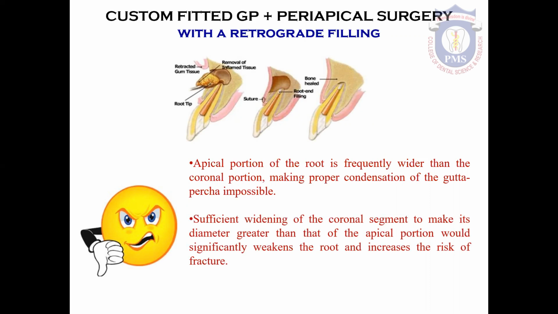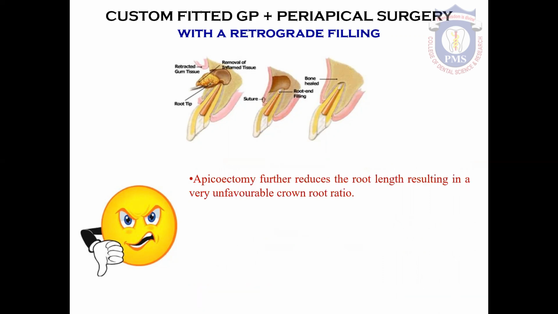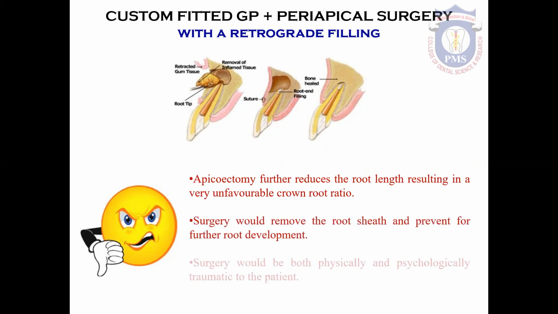One reason is psychological, as surgeries are avoided in children, and another reason is thin dentinal walls may fracture, making surgery difficult. Also, apicectomy further reduces the root length, resulting in a very unfavorable crown root ratio.